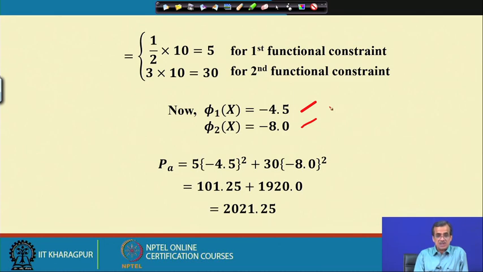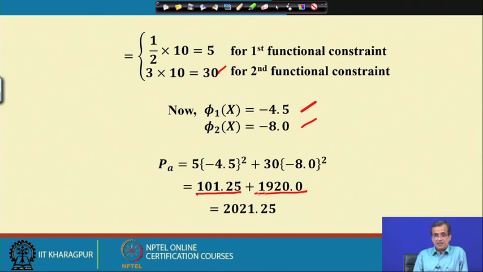Now, using this concept of adaptive penalty, I can find that it is 5, that is this lambda multiplied by minus 4.5 square, plus 30, that is this particular lambda into minus 8 square. If you calculate, for the first functional constraint I will get the penalty term something like this, and for the second functional constraint I will get this penalty term.